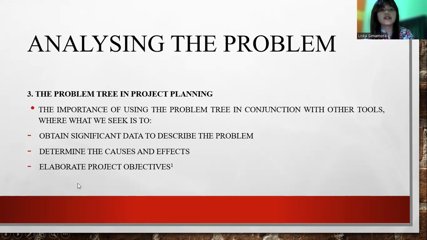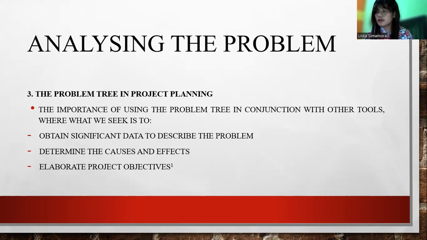And the third, elaborate project objectives. So we can understand the objective of this project. We don't just assume, because we have already identified the causes, even to the more detailed causes, so we know.